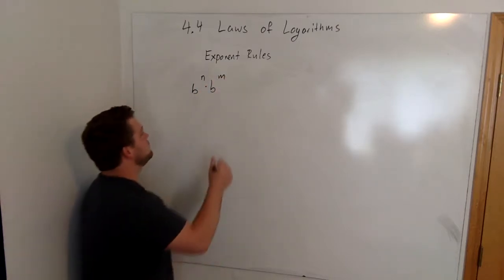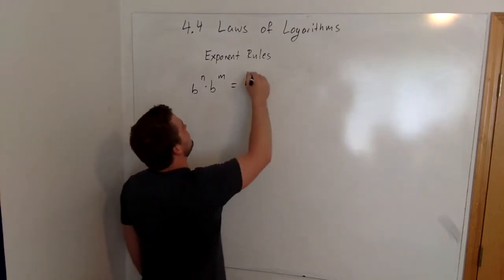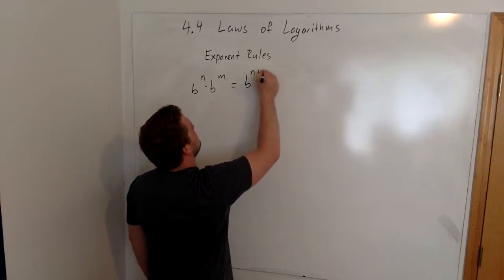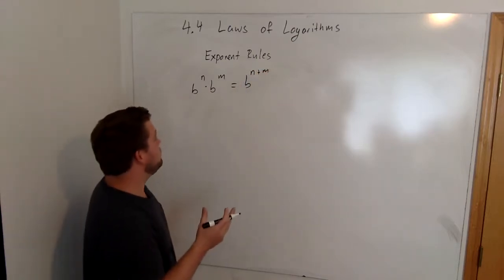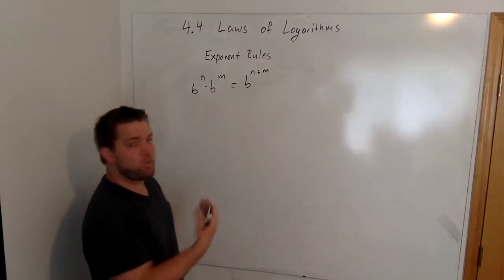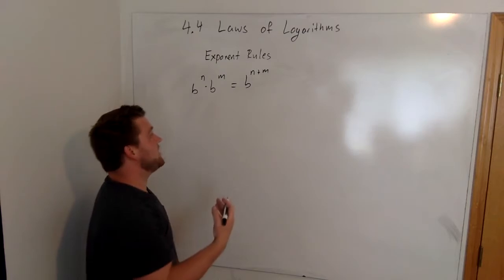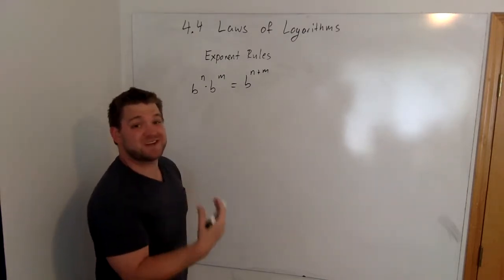We hopefully learned that in this situation, if we have like bases, we add the exponents. I've noticed that a lot of students struggle with exponent rules, but if you are struggling with one, I always try to think about why it is true. This comes from the definition of what an exponent is. What does an exponent mean?